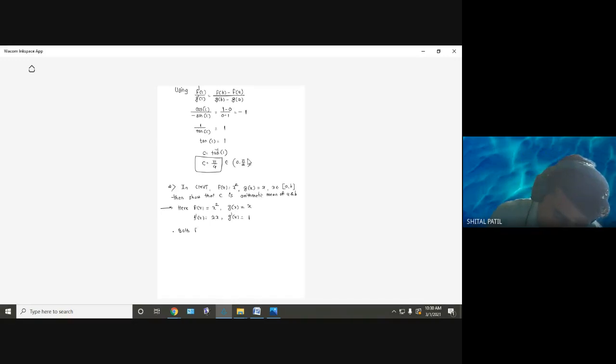Both f of x and g of x are polynomials. So, they are continuous in AB.